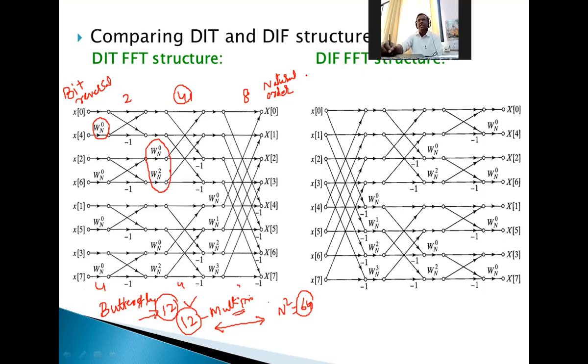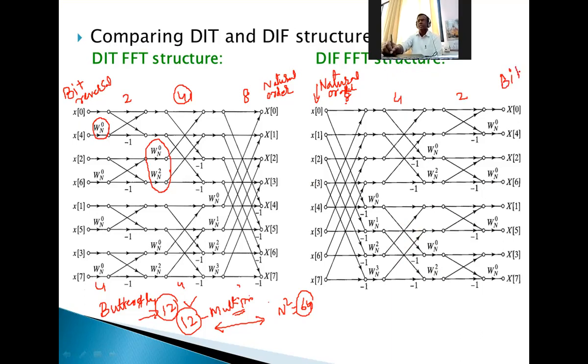Similarly for the DIF-FFT structure, the inputs are in natural order, and we perform the 8-point, 4-point, and 2-point computation. The number of butterflies and multipliers required are the same, and the output we get is in bit reversal order.